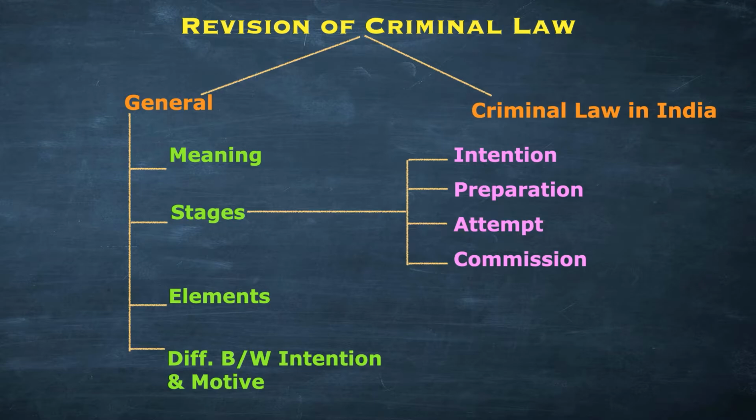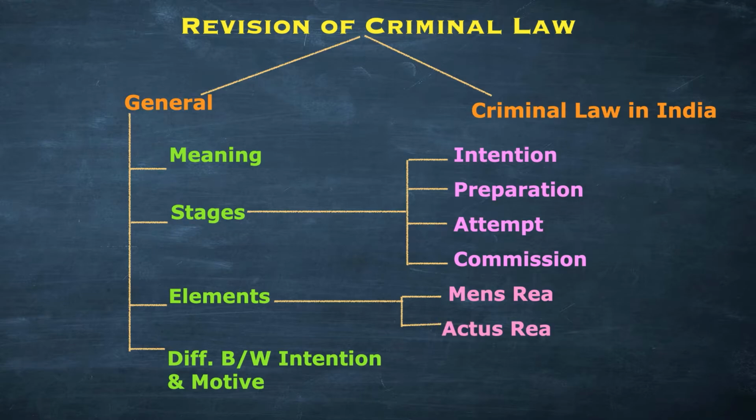Now, under the second category, that is elements of crime, we have discussed mens rea, remember, guilty mind, and in the stages of crime we have discussed the first one, that is intention. So mens rea, that is guilty mind, and actus reus, and that is in the stages.